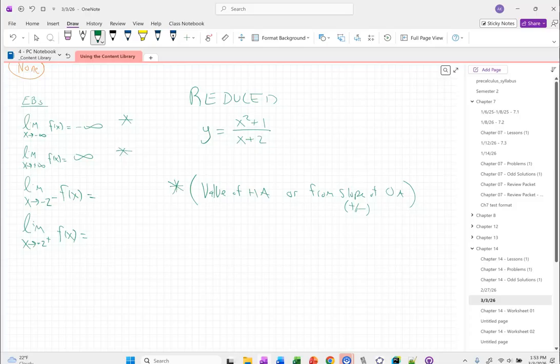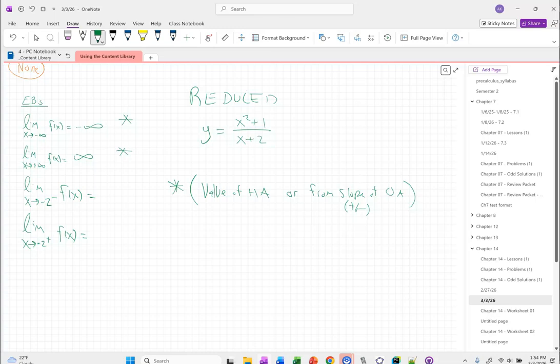So positive slope, positive infinity goes with positive infinity, negative goes with negative. If it's a negative slope, it just flips, right? Negative infinity goes with positive infinity, and positive infinity goes with negative infinity. Does that feel okay? Okay.